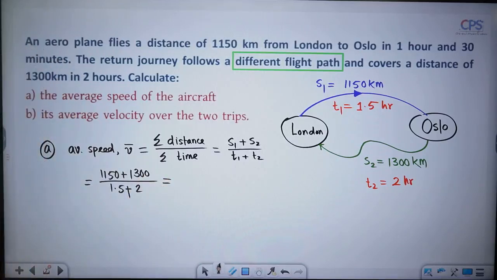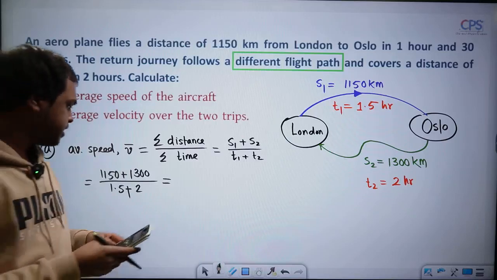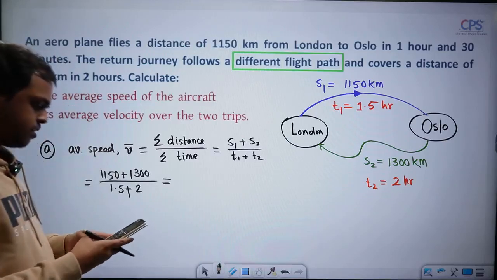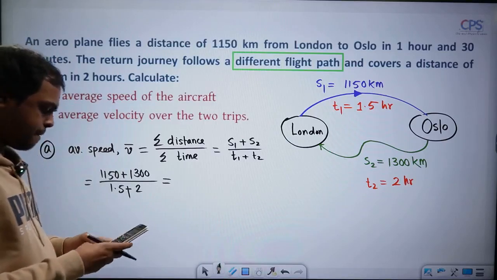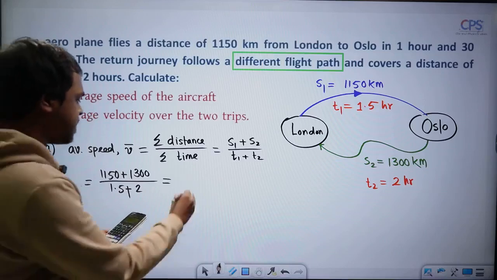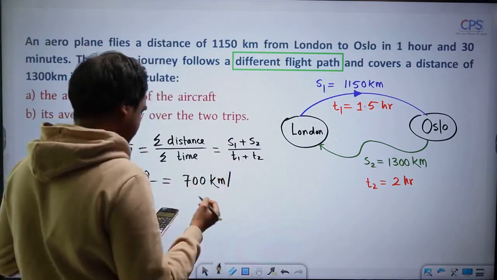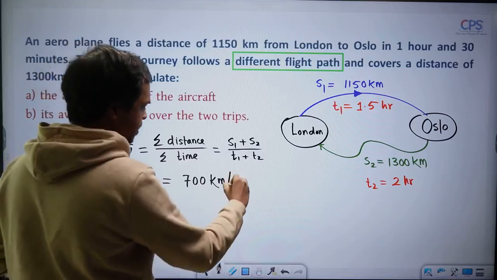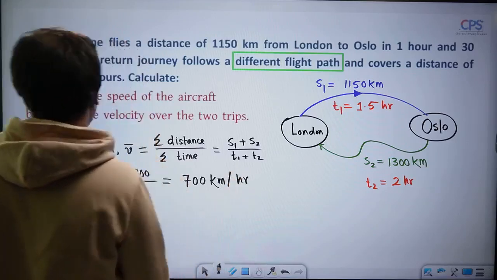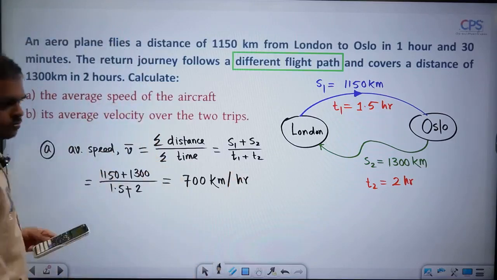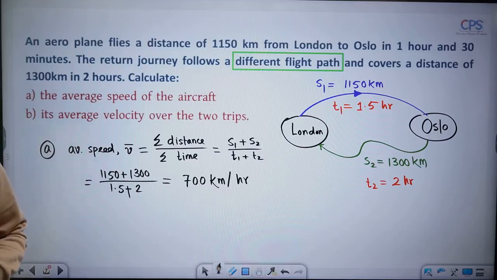We can use a calculator, and it's 700, a nice lucky value, 700 kilometers per hour. So that's the average speed. I hope you understood it. And then, what's the average velocity?